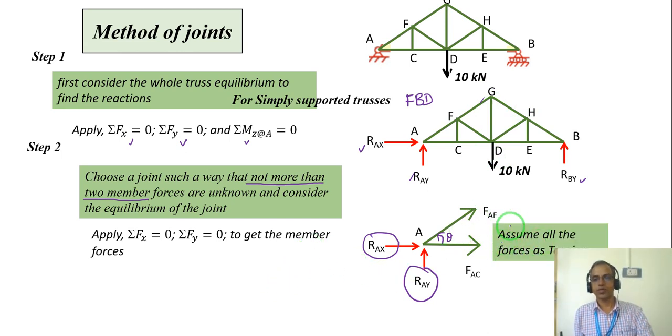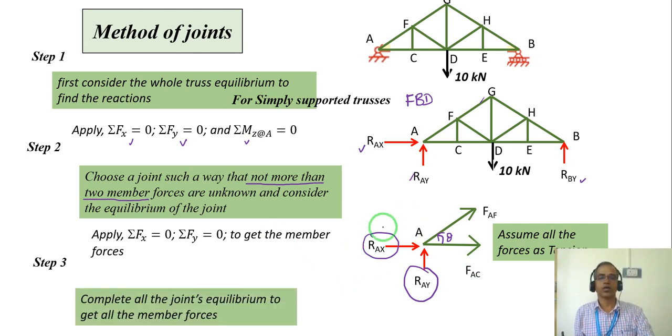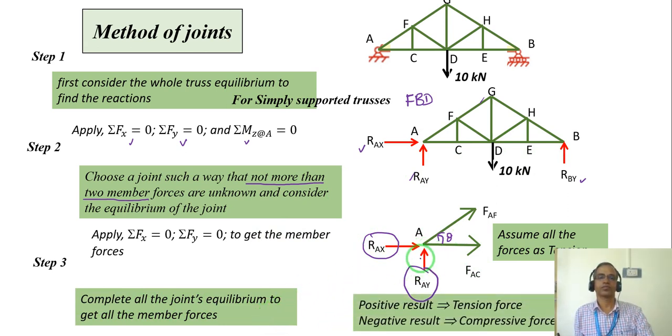So first of all, we assume all the member forces to be tension as far as possible. It's not a hard and fast rule that we always assume tension. If you know very well that a member is in compression, there is nothing wrong with assuming the member to be in compression and proceeding with the analysis. Then step 3, complete all joints equilibrium and find the member forces.